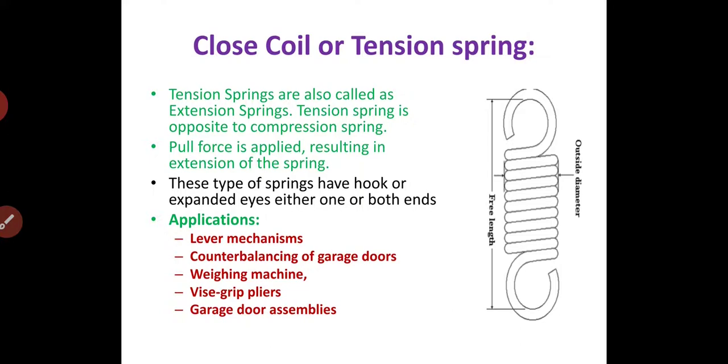These types of springs have hook or expanded eye either on one end or on both ends. Applications: the lever mechanism, counterbalancing of garage doors, weighing machines, vice grip pliers, garage door assemblies, etc. There it is used in a frequent way.